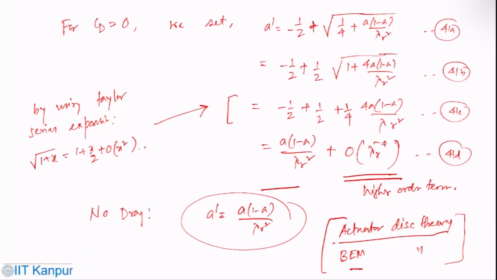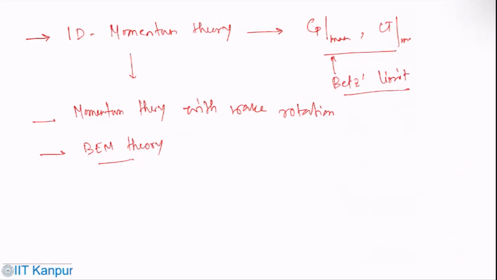So from here we'll move on, and we'll now look at the Betz example. So probably that would make things much more clear, where we'll look at some example.